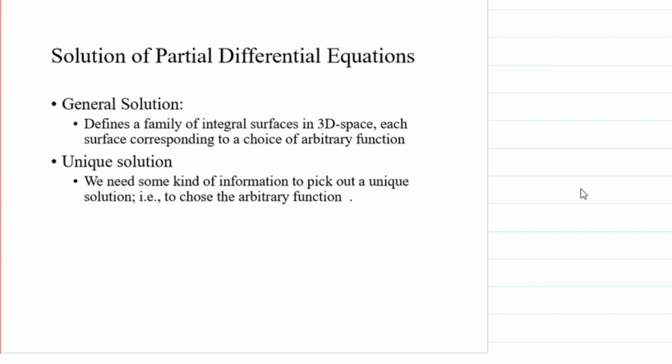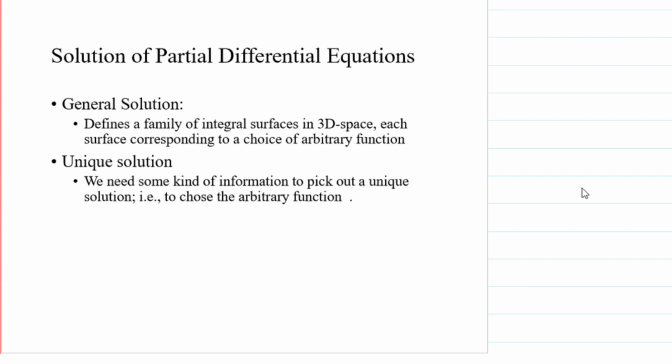General solutions are solutions which you immediately receive after solving a partial differential equation, and they will contain an arbitrary function. And if you use a sufficient amount of information to find the specific value of the arbitrary function, we'll be getting a unique solution.